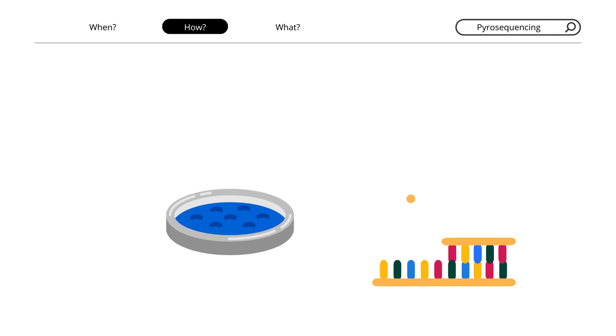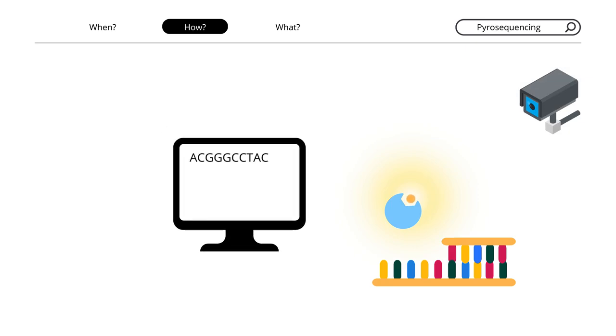This pyrophosphate triggers a reaction that creates energy, which powers an enzyme called luciferase. The luciferase enzyme produces a flash of light that is detected by a detector, and the sequence of flashes reveals the order of the nucleotides in the DNA strand.